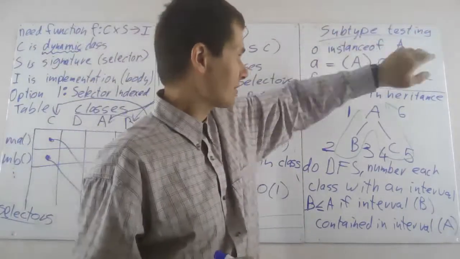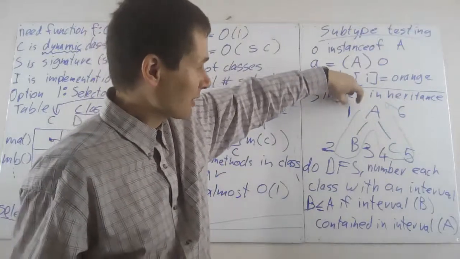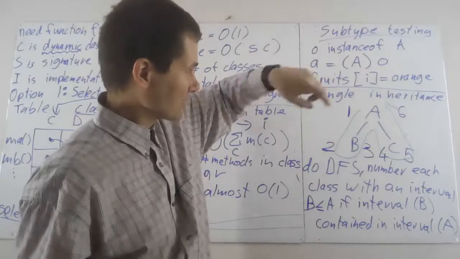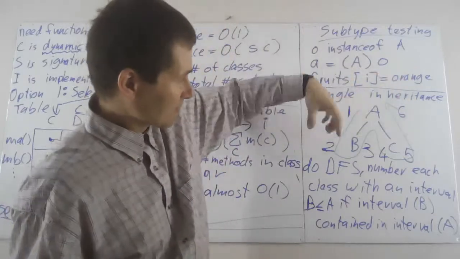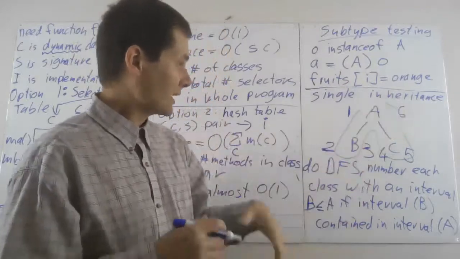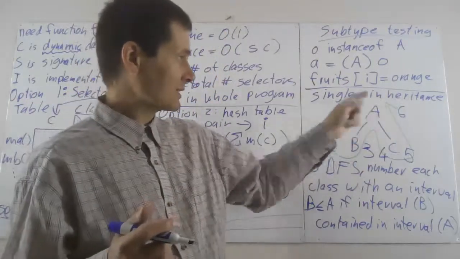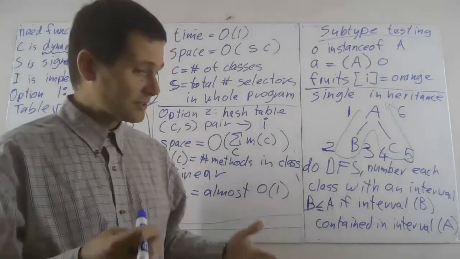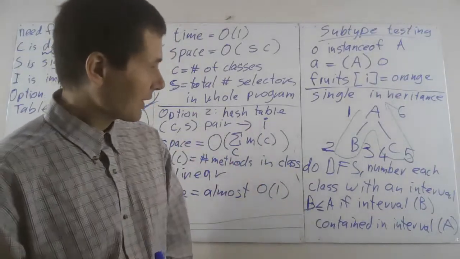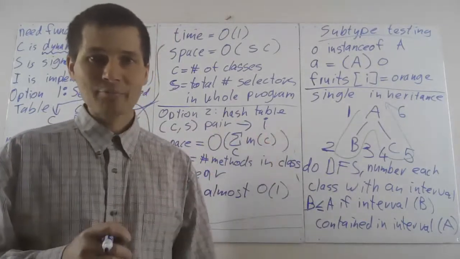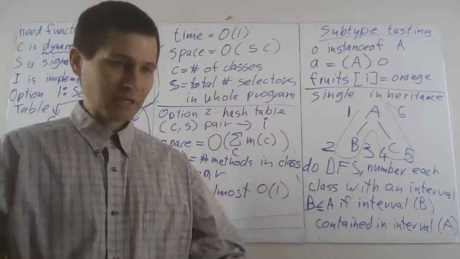Is it an instance of A? At compile time, I know that the interval for A is 1 to 6, and 2 to 3 is entirely contained within 1 to 6, and so therefore B, yes, is a subclass of A. So the point is, I can do a subtype check with 2 less-than comparisons.